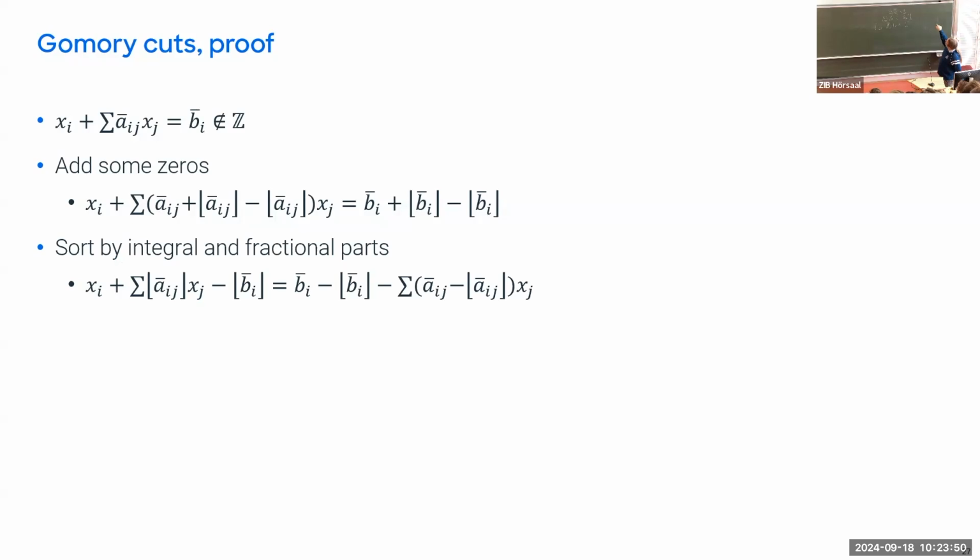So this part here is the integer part of b bar. We move it over to the left-hand side. The fractional part, which is b bar minus b bar rounded down, stays on the right-hand side. Same for the coefficients. We keep the a bar_ij rounded down on the left-hand side and have the fractional part, a bar minus a bar rounded down, so that's the fractional part of this number, on the right-hand side. Okay, still nothing really happened. We just reshuffled.